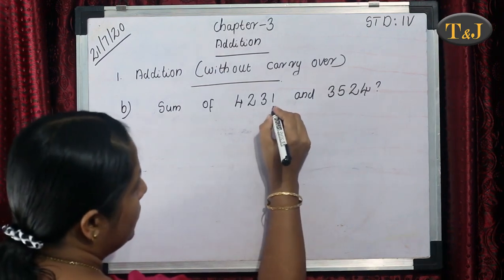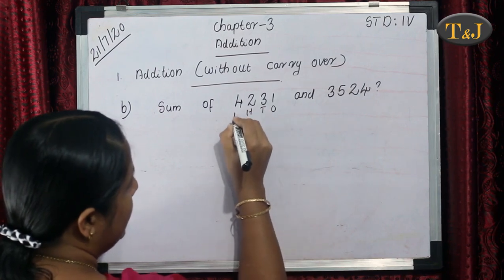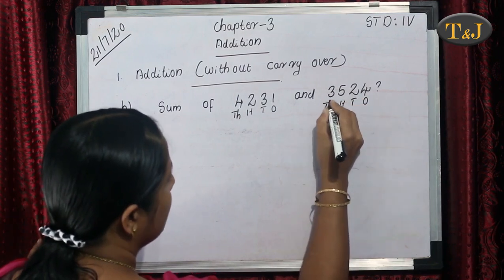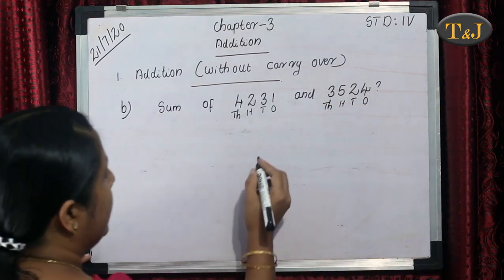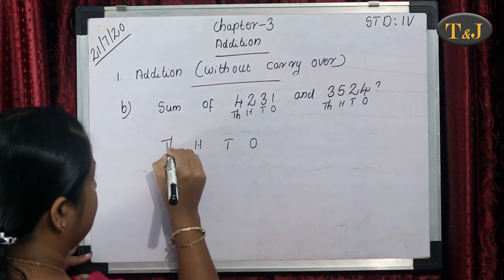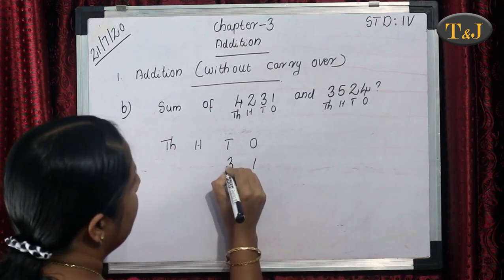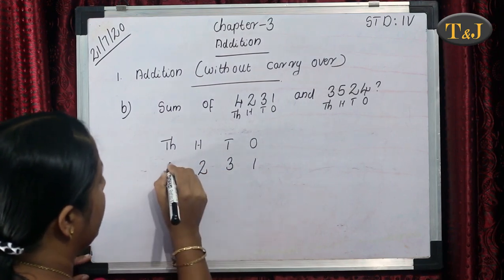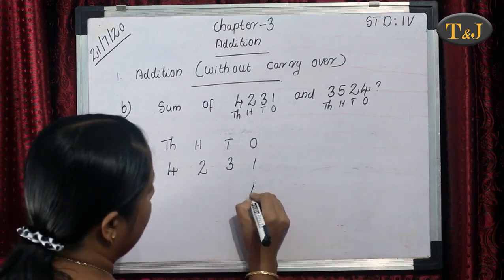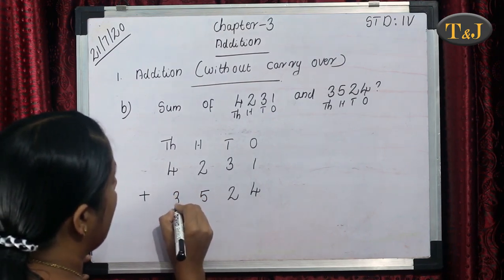First we write the place values of the digits: ones, tens, hundreds and thousands. Then the ones place is 1, the tens place 3, the hundreds place 2 and the thousands place 4. Then putting the plus sign, the next number has 4 in ones place, 2 in tens place, 5 in hundreds place and 3 in thousands place.